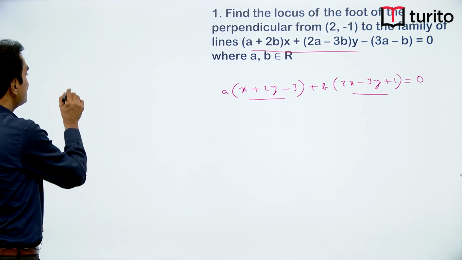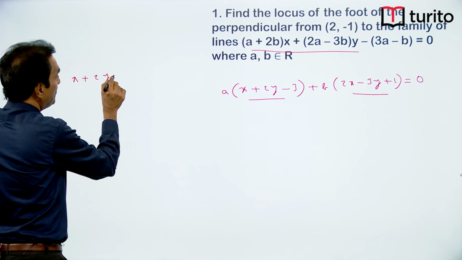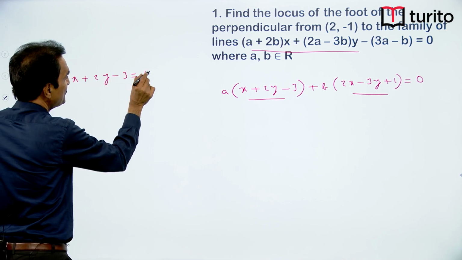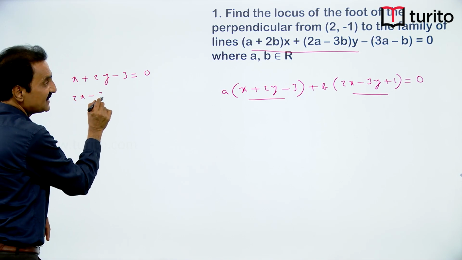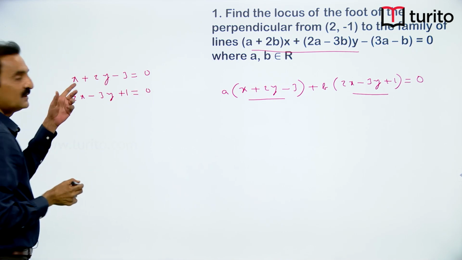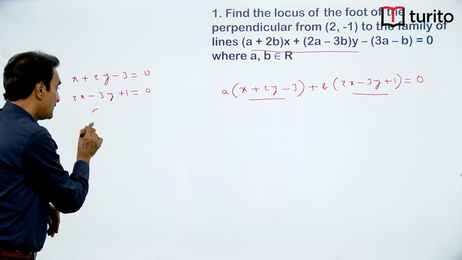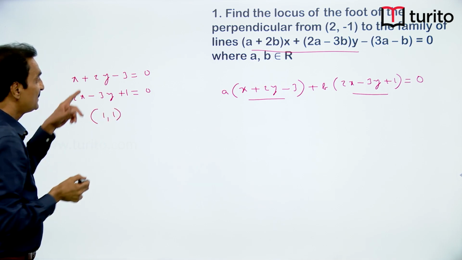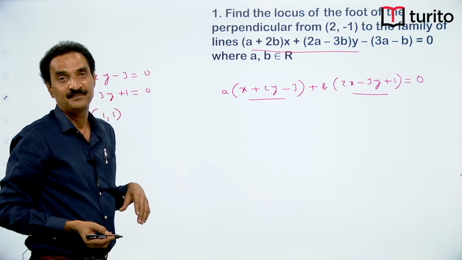Solving the equations x + 2y - 3 = 0 and 2x - 3y + 1 = 0, we will get the point (1, 1). Solving the two lines, we get the point of intersection (1, 1).